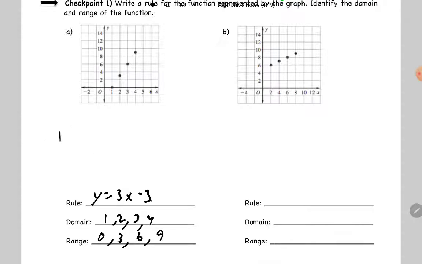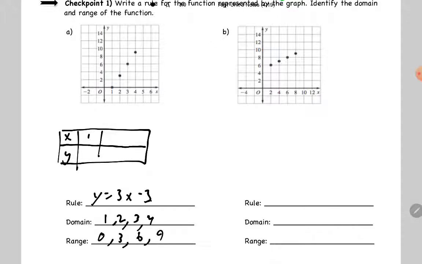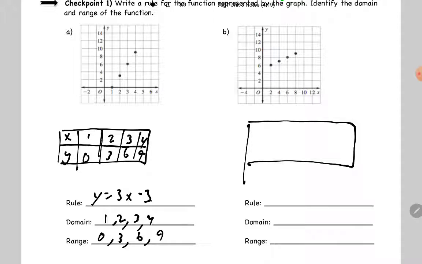Always make a table, because it might help you see the patterns. So x, y, 1, 2, 3, 4, 0, 3, 6, 9. Alright, part B. Let's try this. x, y.